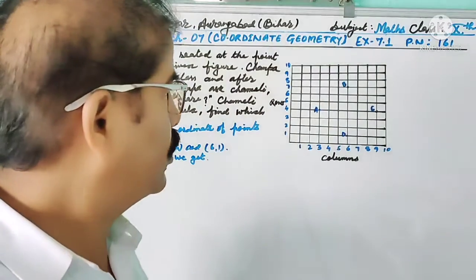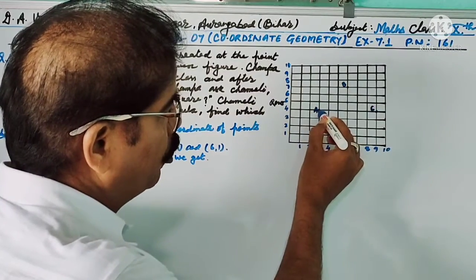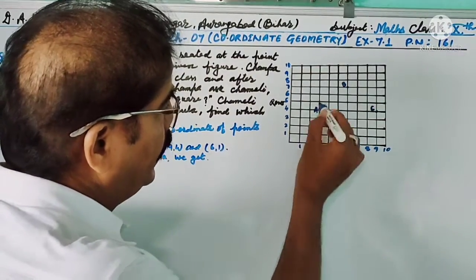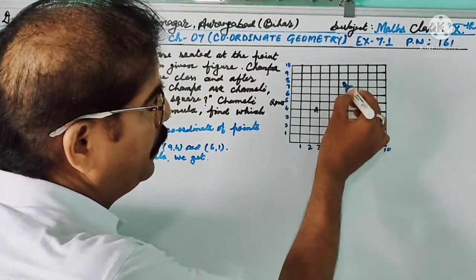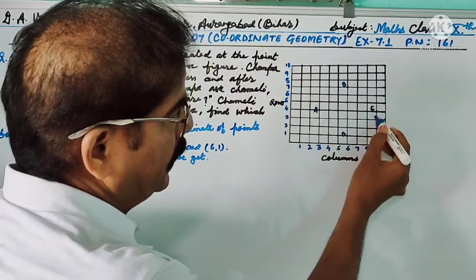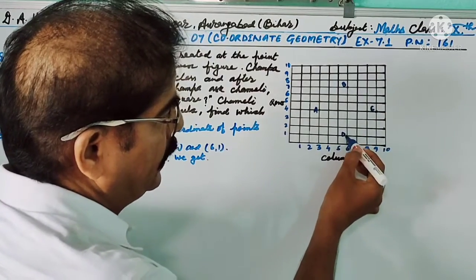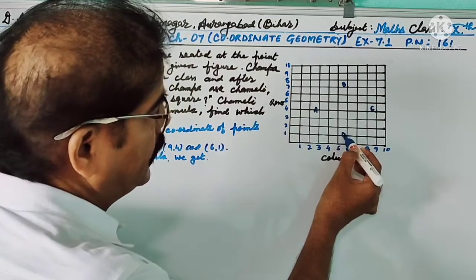That means, dear students, here are 4 points. The coordinate of A is (3, 4), coordinate B is (6, 7), coordinate C is (9, 4), and coordinate D is (6, 1).